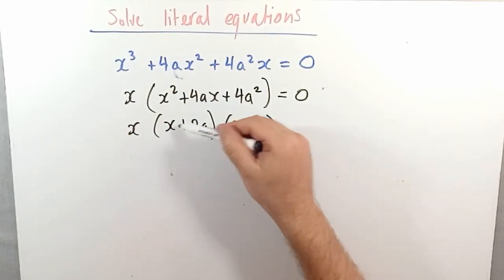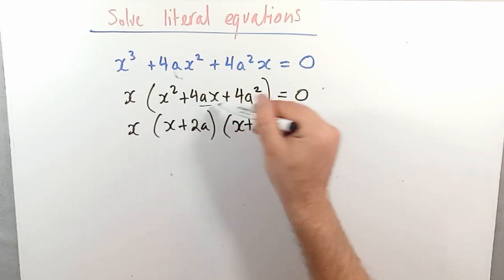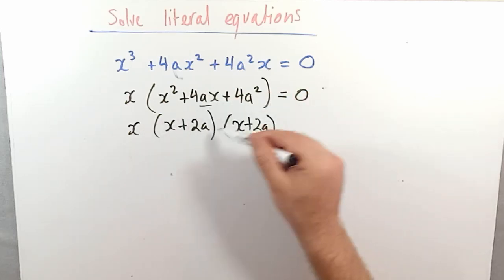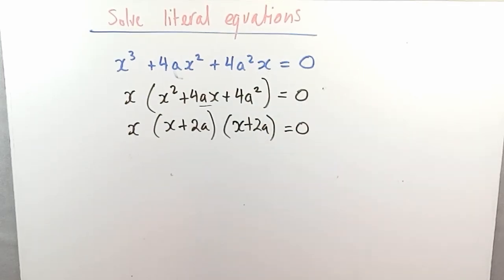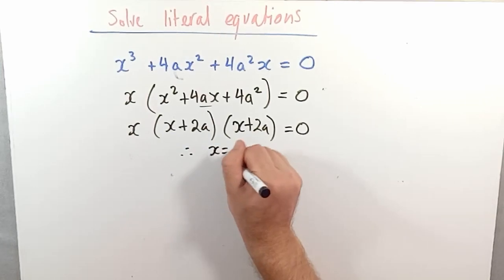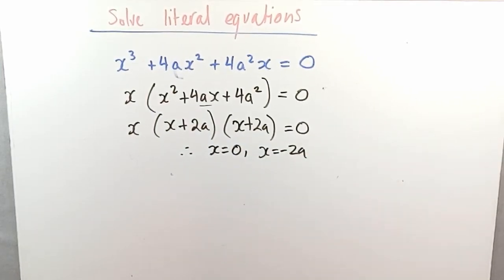So if I look at that, I get x squared, 2ax plus another 2ax equals 4ax, and then 2a times 2a is 4a squared equals 0. Therefore x equals 0, or x equals 2a if you have to find the solutions there. That's done. Piece of cake.